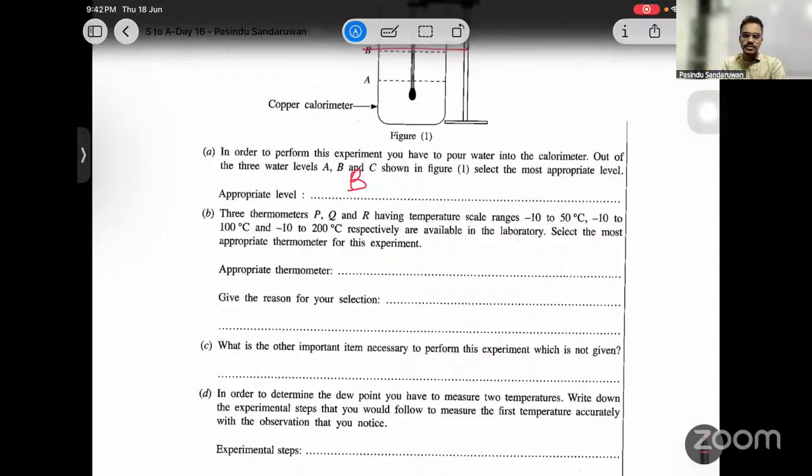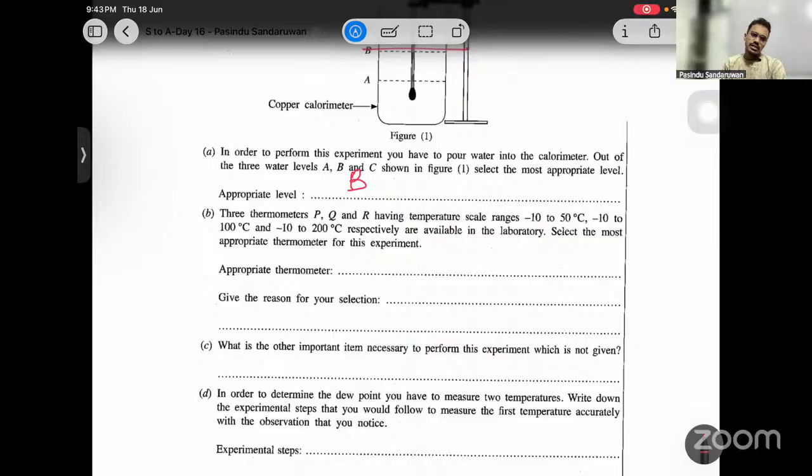Those temperatures are around, we know usually dew point in Sri Lanka is around 23, 24, 25, 26, somewhere like that. So we don't need those high ranges up to 100, 200. We don't need that unnecessary range because then percentage errors in your readings are very high.